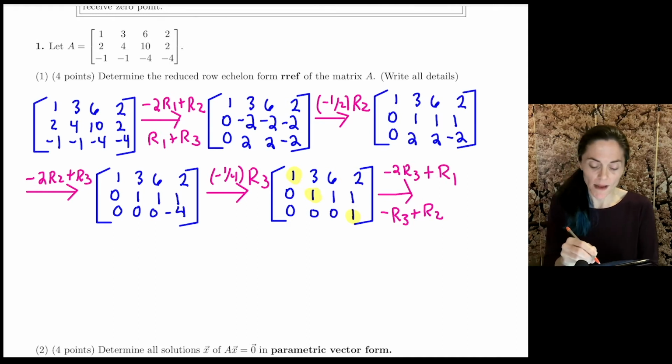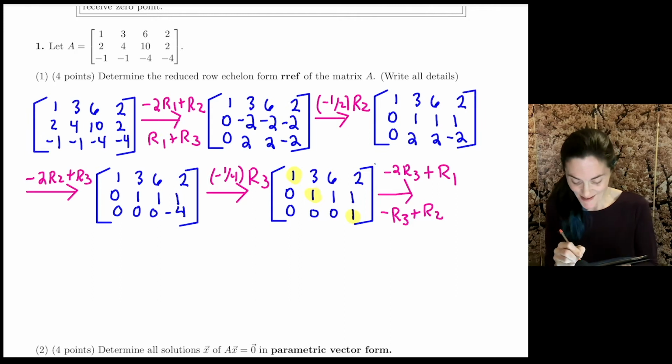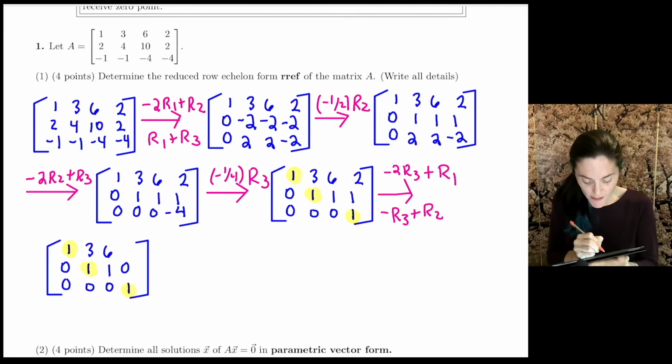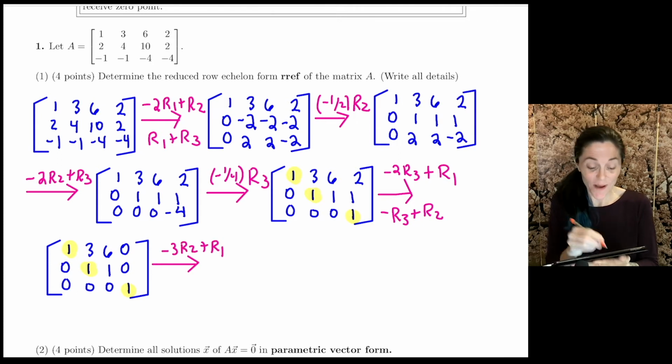And perhaps I will write the matrix on the next line. We get zeros here. And then we have one more step. We can take -3 row 2, add that to row 1, and we will be in reduced row echelon form.